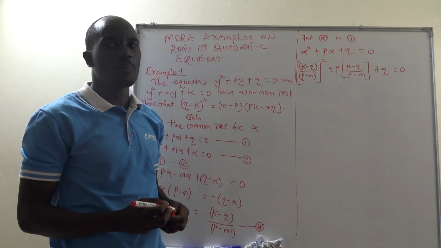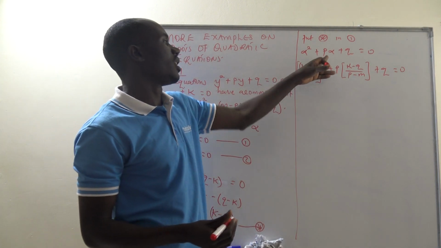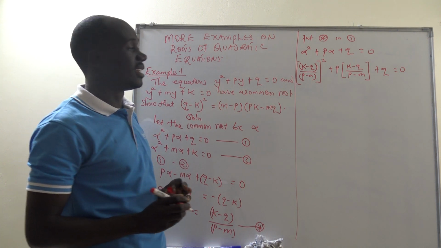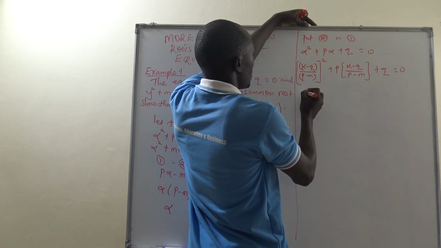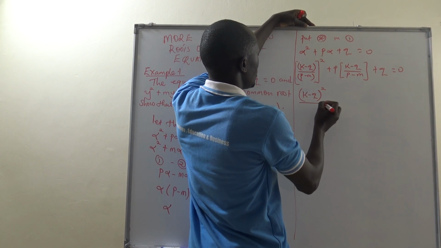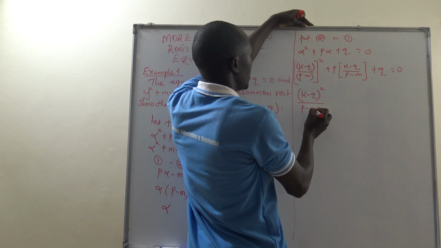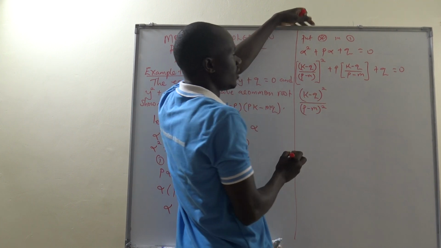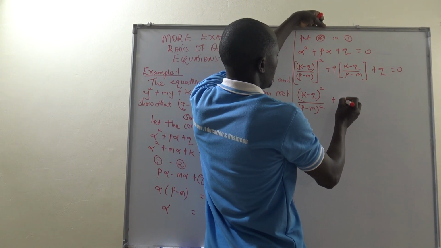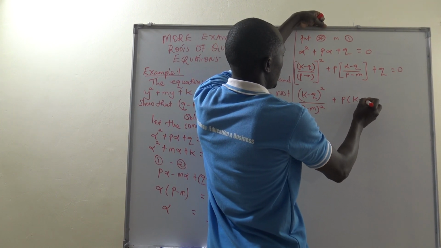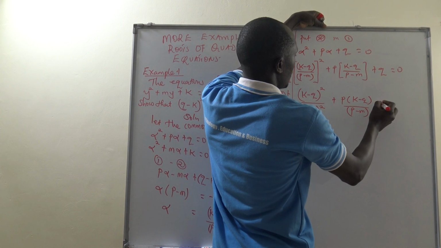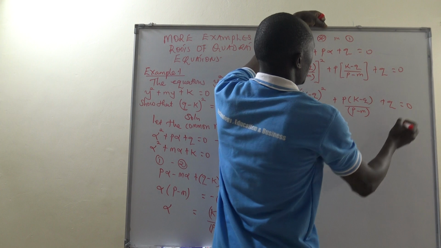So can we expand as usual? The square goes on all the numbers in the bracket, as the last time we were looking at indices. So this becomes k minus q, the whole of it squared, all over p minus m, the whole of it squared. Then plus p into k minus q all over p minus m, then plus q equals 0.